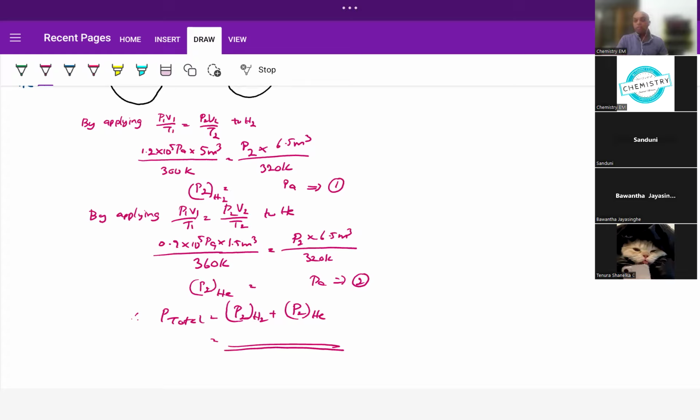But you have to consider them separately and calculate the pressure separately according to Dalton's partial pressure law. You can get the summation to get the final total pressure. Okay.